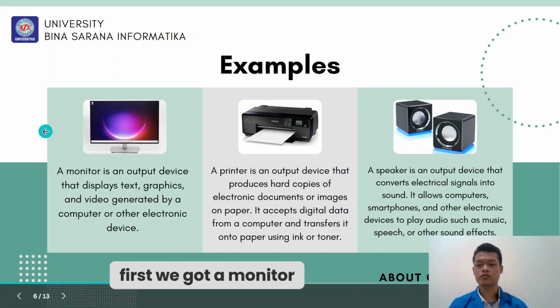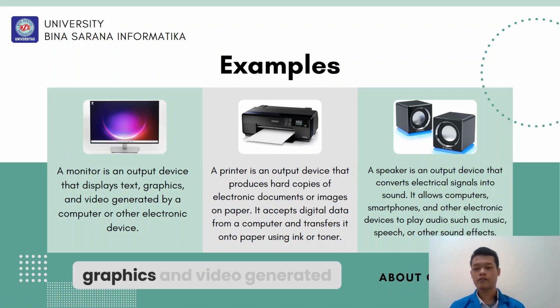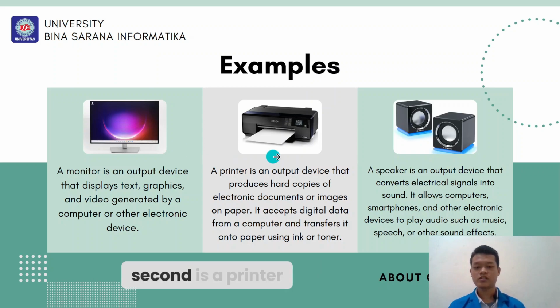First, we got a monitor is an output device that displays text, graphics, and video generated by a computer or other electronic device. Second is a printer is an output device that produces hard copies of electronic documents or images on paper.